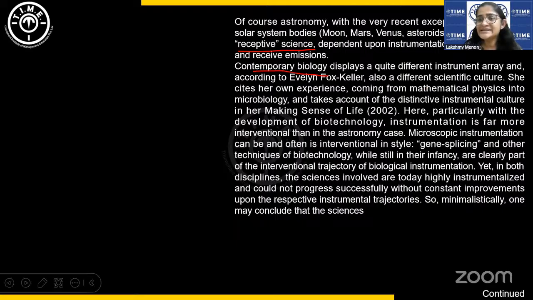Biology also has an instrumental culture related to biotechnology, related to microscopes, right? And microscopic instrumentation, according to the author, is more interventional in style compared to the telescopic instrumentation in astronomy.